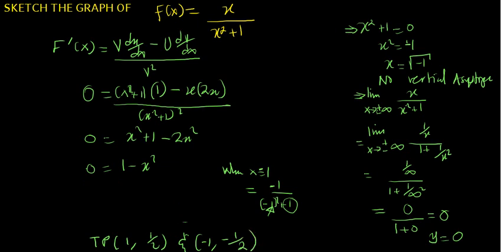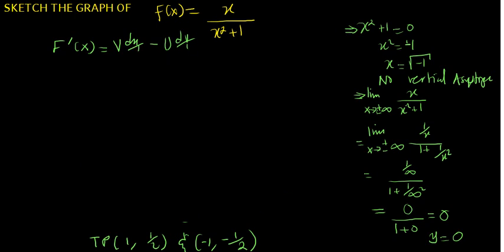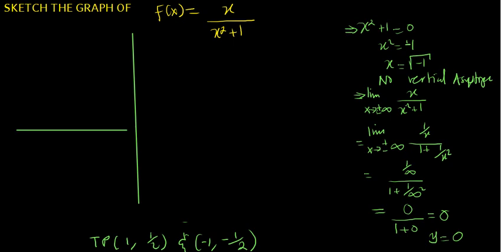We can now go on and see the sketch of this diagram. We have x there, we have y there, and for the turning points, let's say this is a positive 1, this is a half, this is a negative half, and then this is a 1.